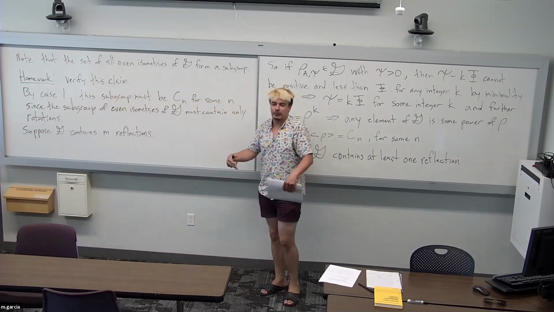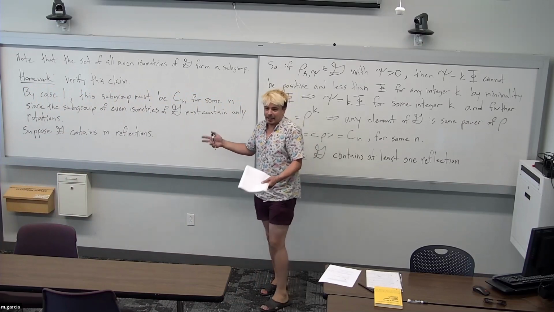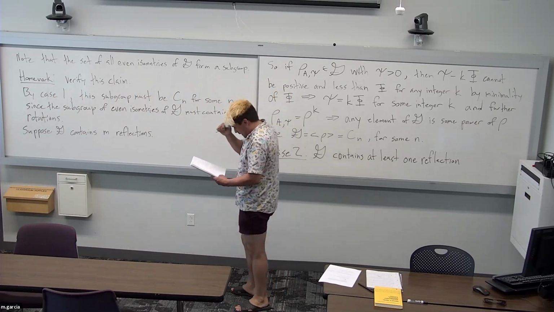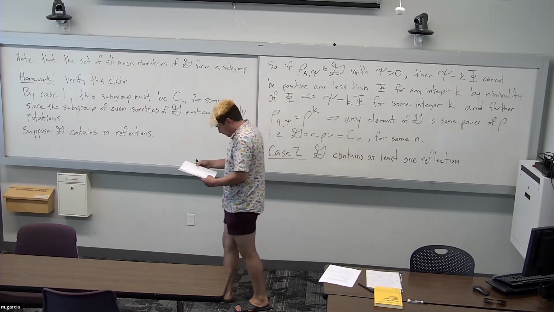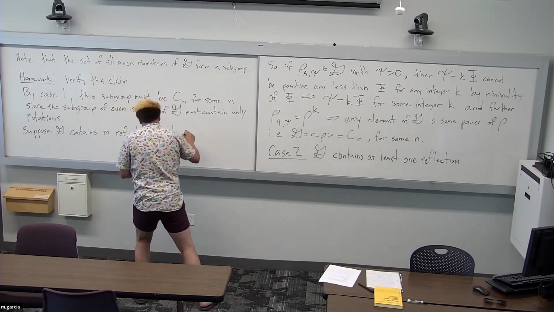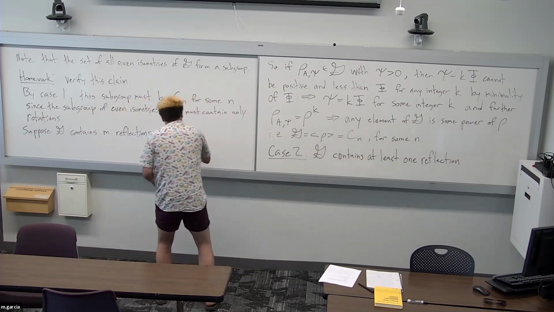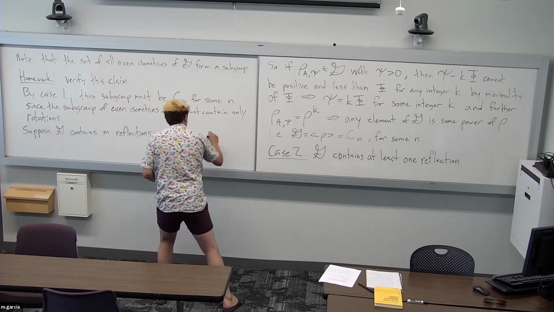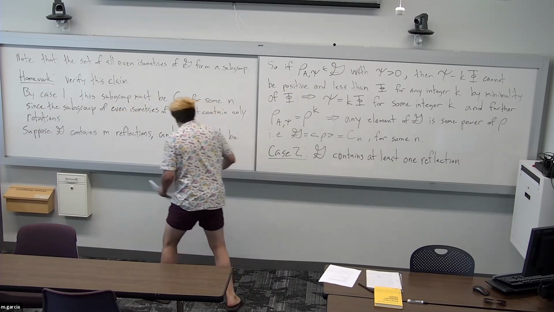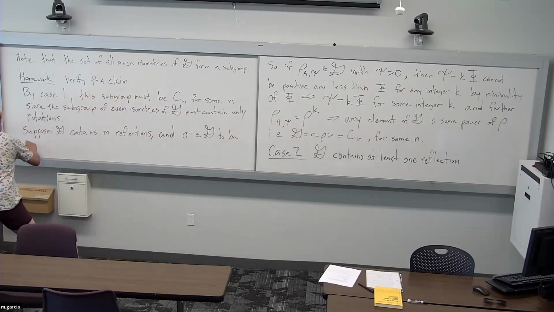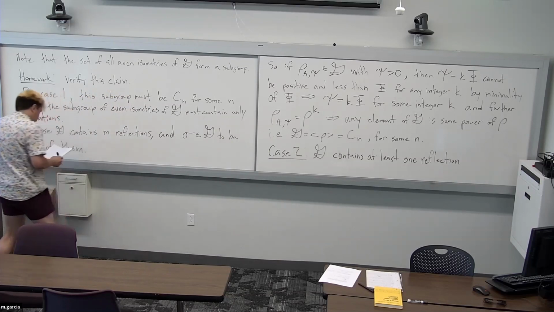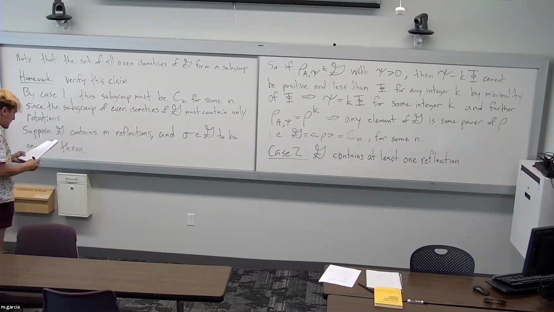And what we will end up showing is that it actually contains all m of these. Okay? And let's take sigma in G to be one of them.